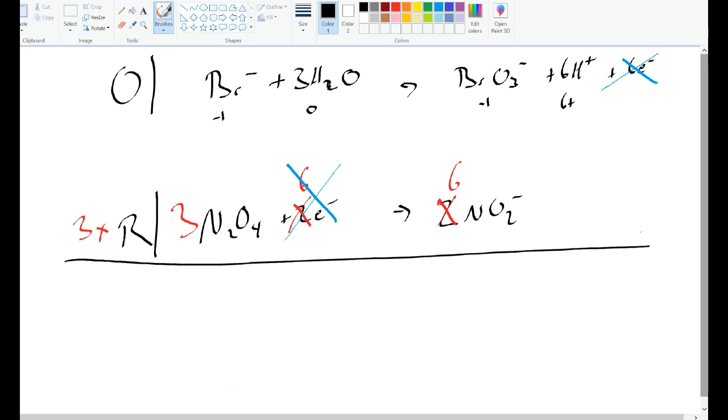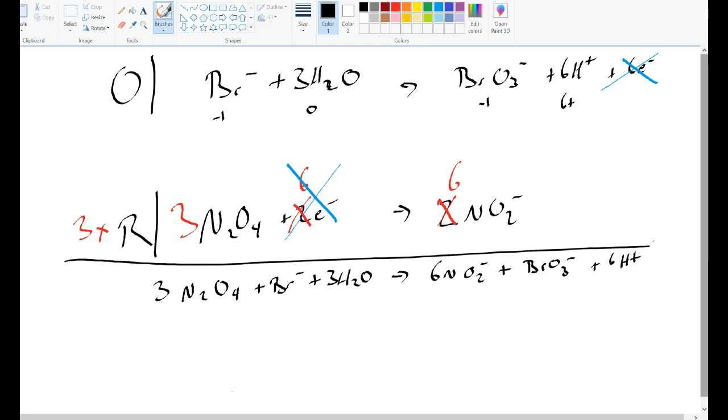All right, so now it is 3 dinitrogen tetroxide plus bromide plus 3 water yields 6 nitrite plus bromate plus 6H plus. Now, it's out on the first page, this is taking place in a basic solution.